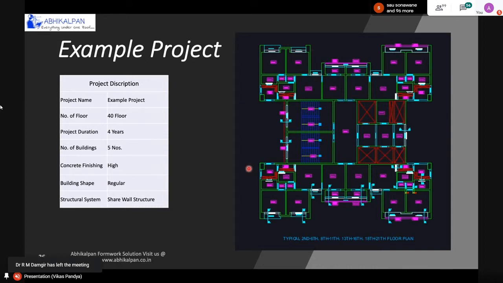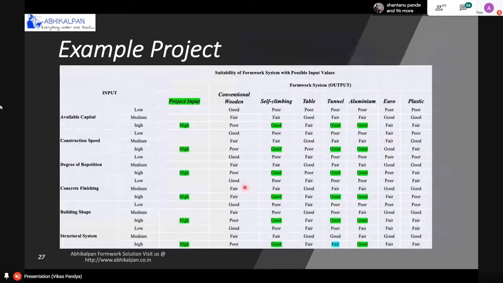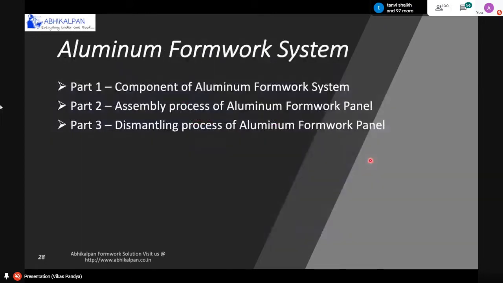So if the entire structure is shear wall, the tunnel form will be poor. We can say it's fair because some walls we cannot cast using tunnel form. That's why the maximum number we are getting is in the aluminium formwork system only. So we'll go with the aluminium formwork system for this project.